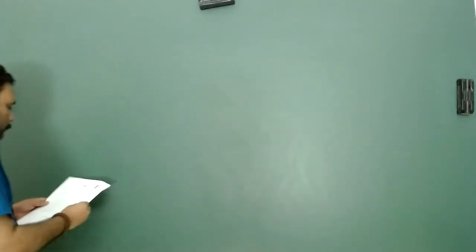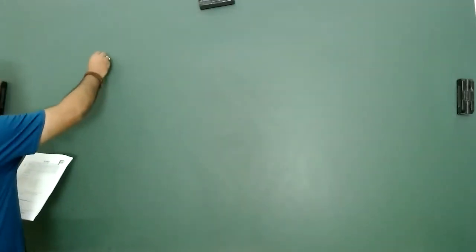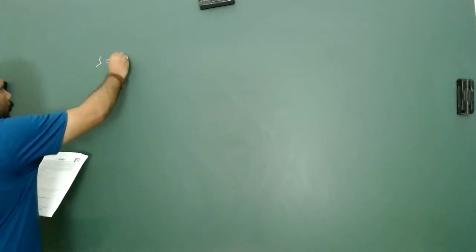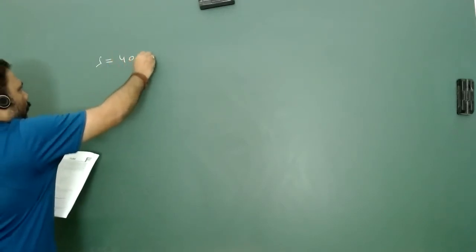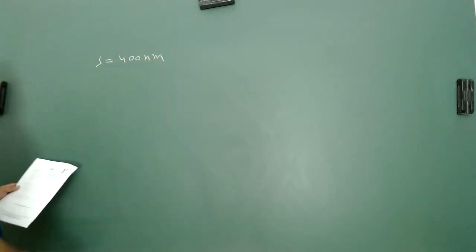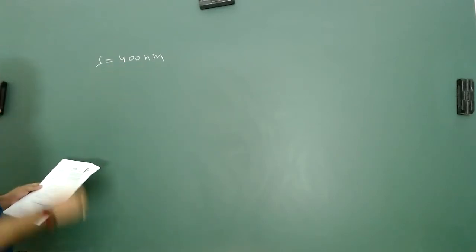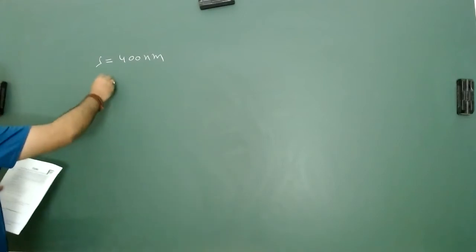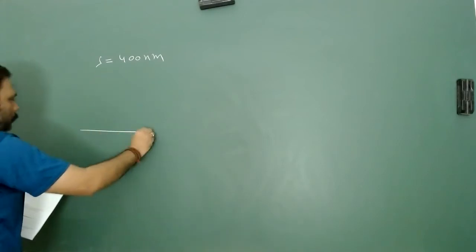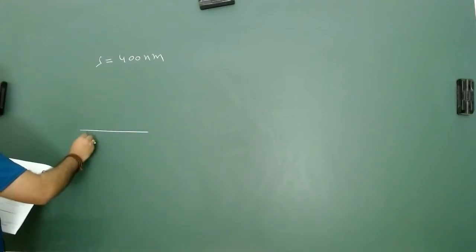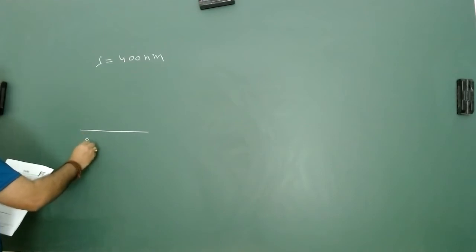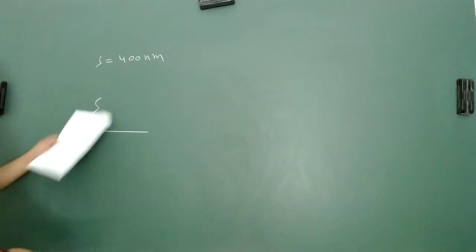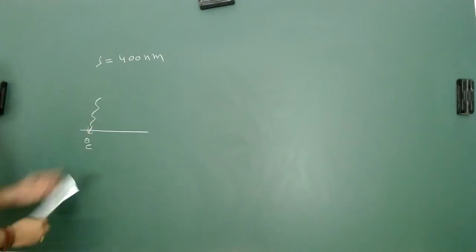So it is given that the lambda is 400 nanometer, and this is the incoming wavelength of light. Suppose this is some metal plate, and inside this we have some electron, and this light pulse will come to this electron.